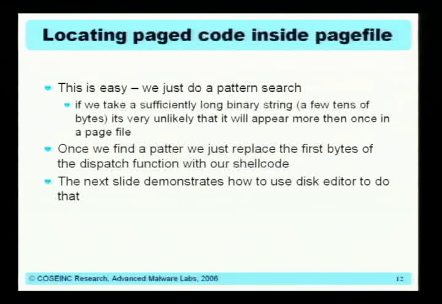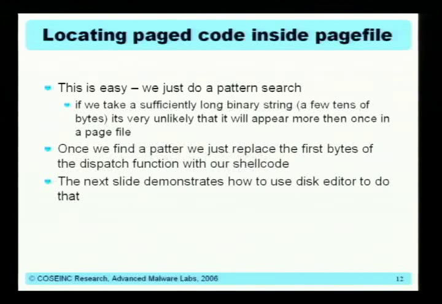Now, how to find interesting code in the page file? This is easy because we can just do a pattern search. What we would like to do is override the first few bytes, or few dozens of bytes, of the original function of the driver with our shellcode. So we can just find the beginning of this function by pattern searching.